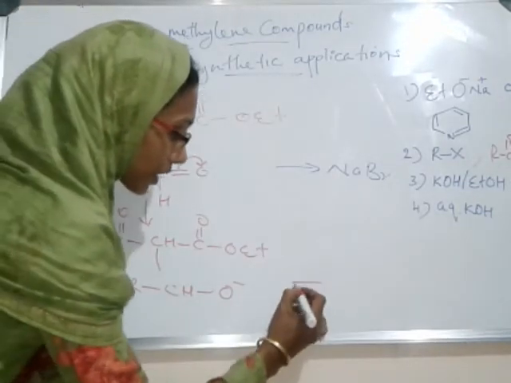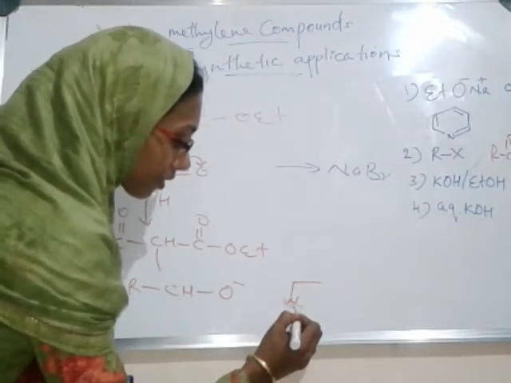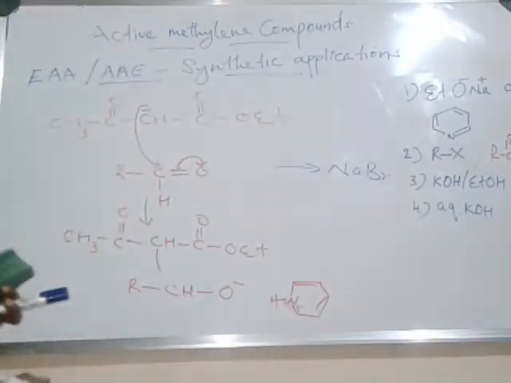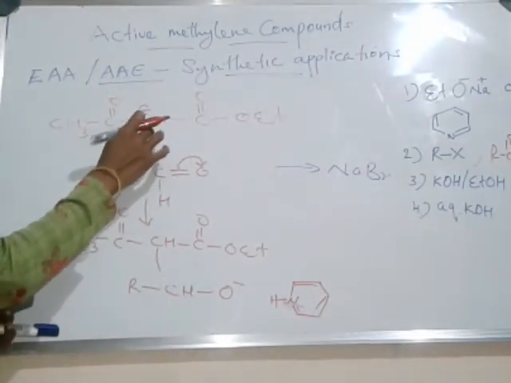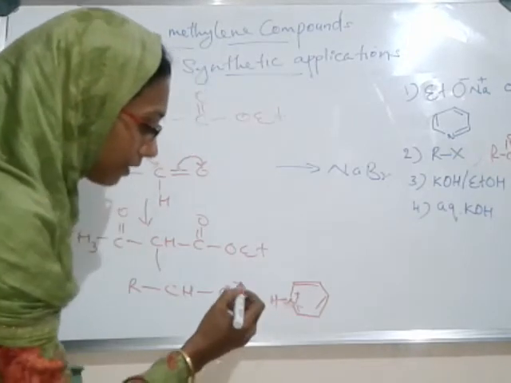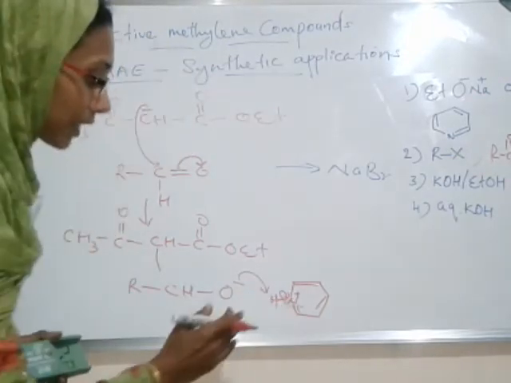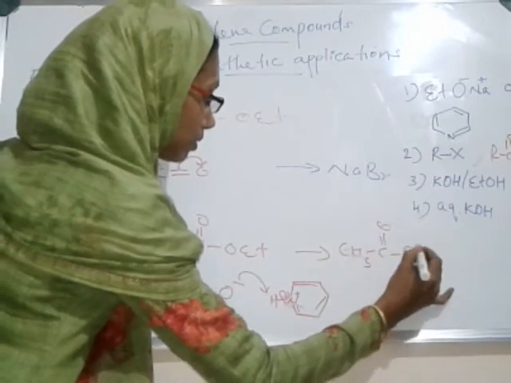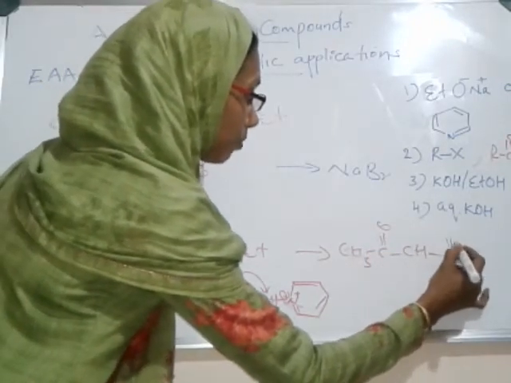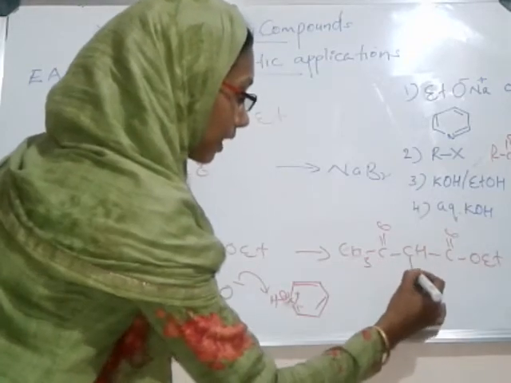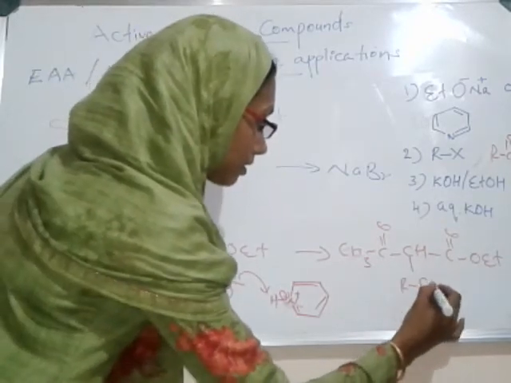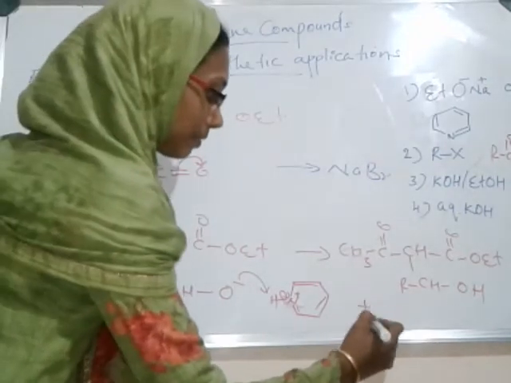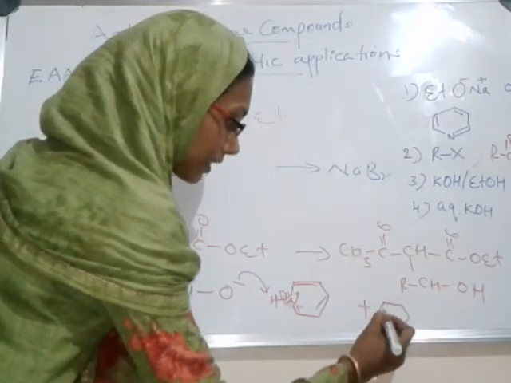Then this abstracts a proton from the protonated pyridine, that is formed due to the abstraction of the proton by pyridine earlier, and we get CH3-C(=O)-CH-C(=O)-OEt with R-CH-OH, an alcohol, and pyridine is regenerated.